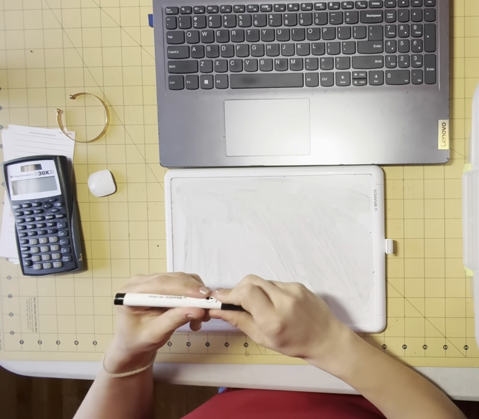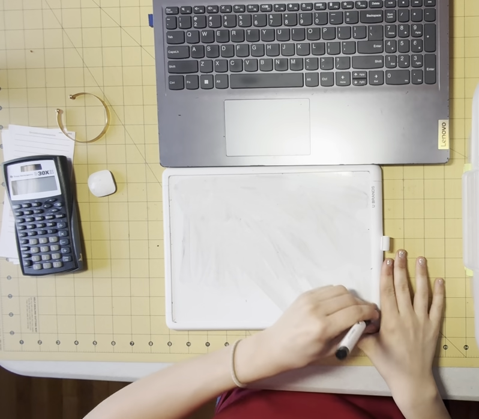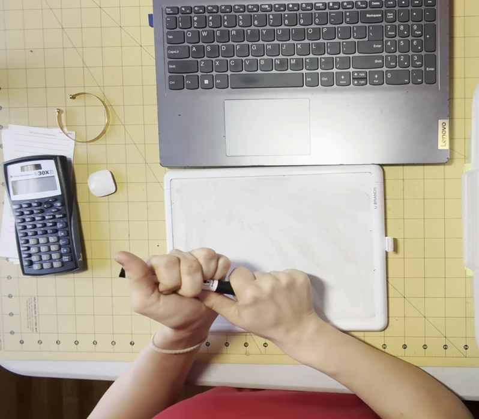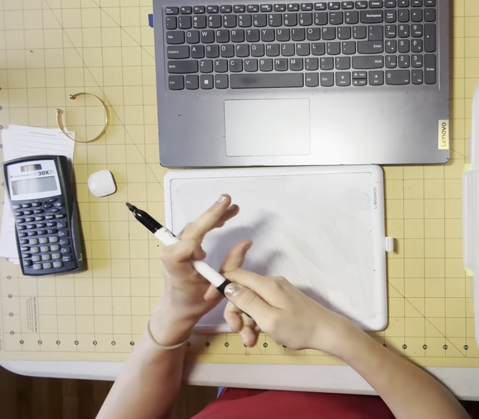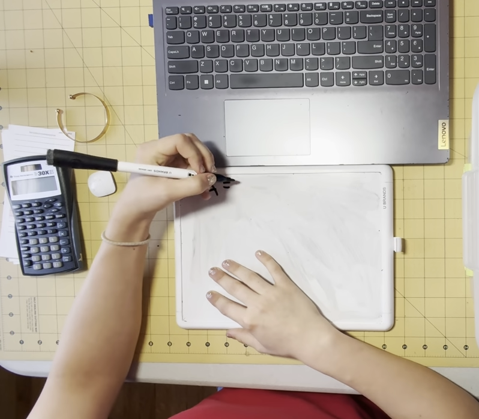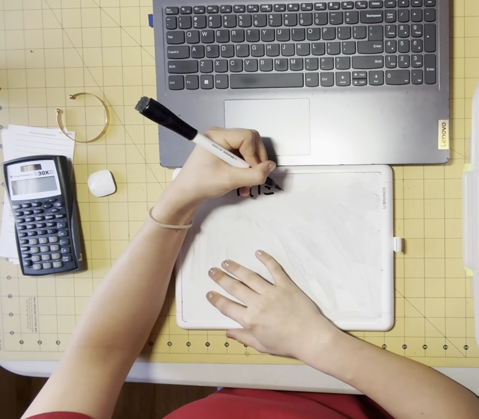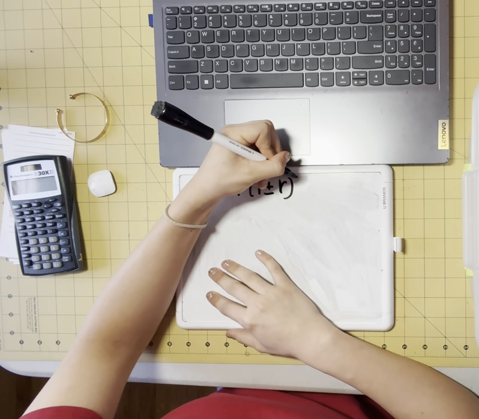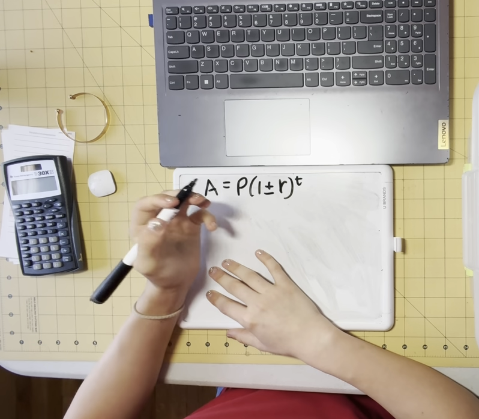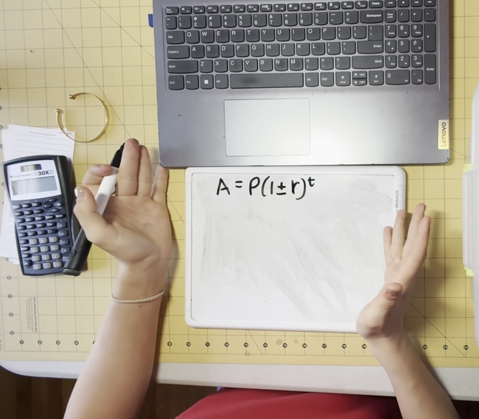So now we're going to go over the exponential growth model or decay models that you're most common with, especially if you're given a starting value. So for example, you might say that A is equal to P times 1 plus or minus R to the power of T. Especially for those who are in business, this is probably the model that you're going to be most comfortable with.